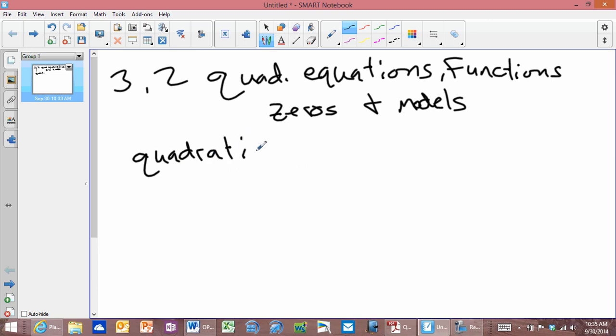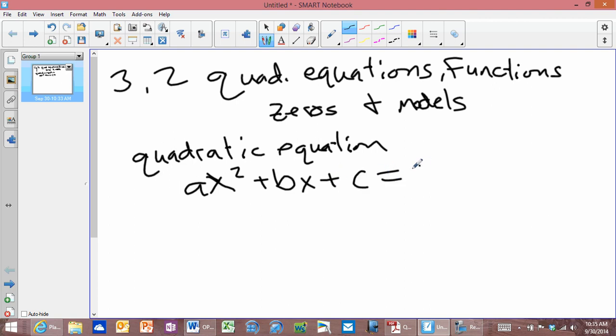is something that can be written in the form, let me write the equation out. It can look like ax squared plus bx plus c equals 0. A cannot equal 0, because if this was 0, this ax squared term would become 0, and then I would just have bx plus c.